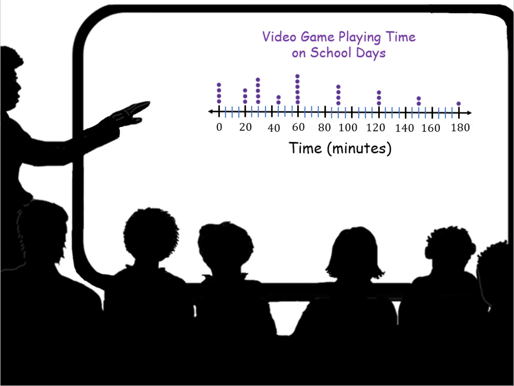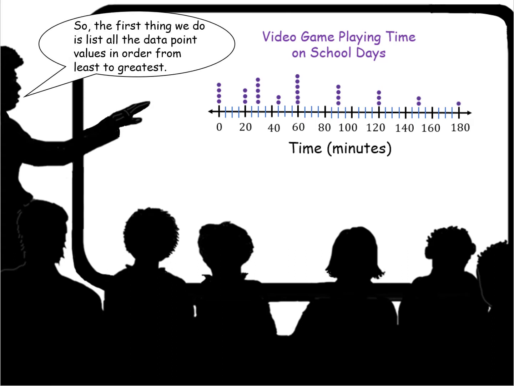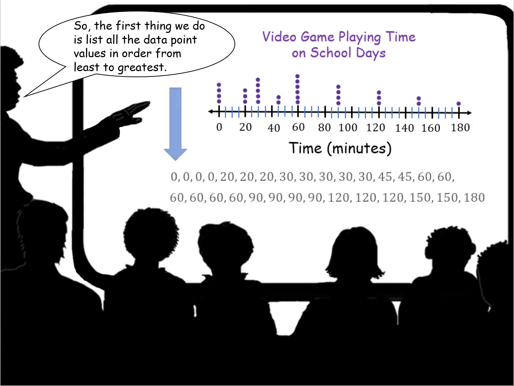So let's take a look at this dot plot. The first thing we do is list all the data point values in order from least to greatest. And there they are. Remember that each one of these dots represents a value. So that dot is 120.